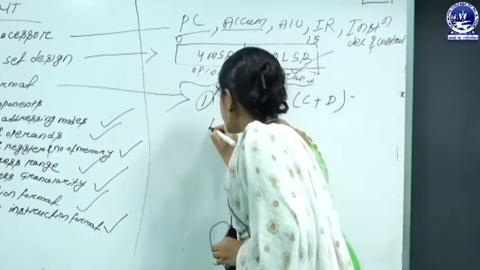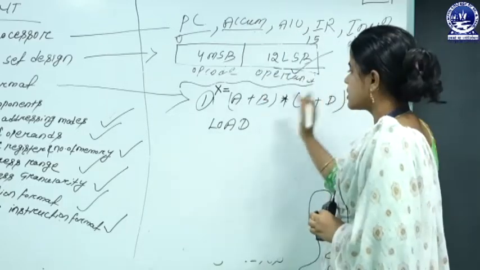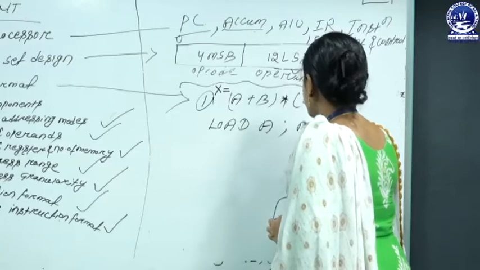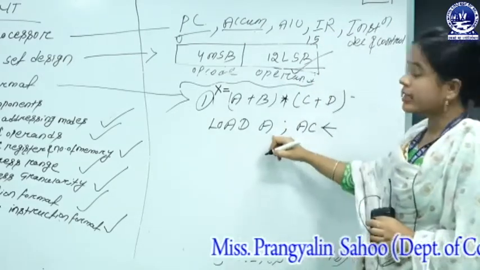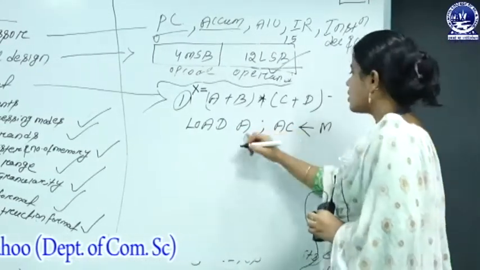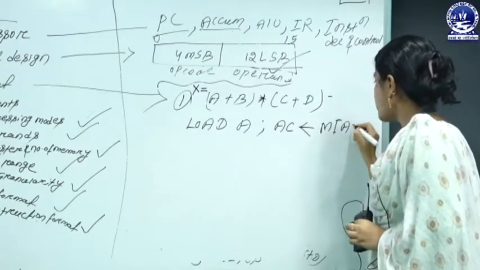So first we have to load the first data element into the accumulator. So load A. That means the accumulator holds one of the operands, which may be stored in a register or memory. Suppose the operands are stored in memory, that means M of A.